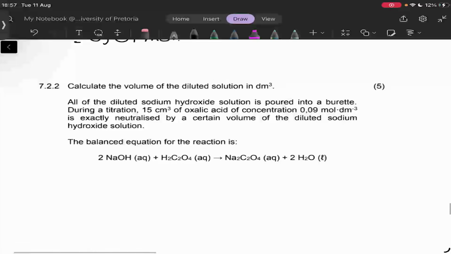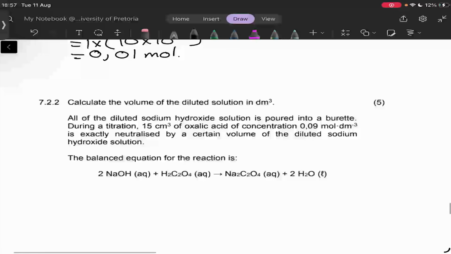Let's move on to 7.2.2. Let's calculate the volume of the diluted solution in cubic decimeters, whereby all of the diluted sodium hydroxide is poured into a burette during a titration. 15 cubic centimeters of oxalic acid of concentration 0.09 moles per decimeter cubed is exactly neutralized by a certain volume of the diluted sodium hydroxide solution.